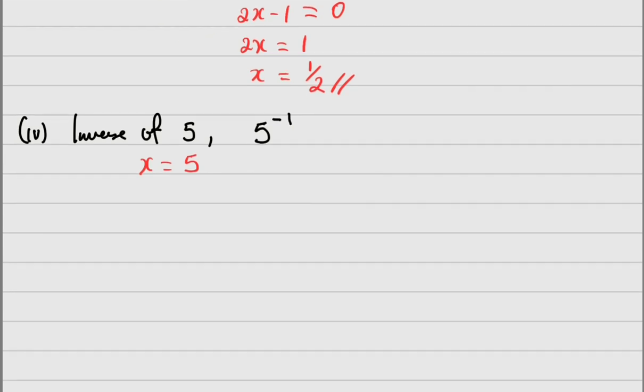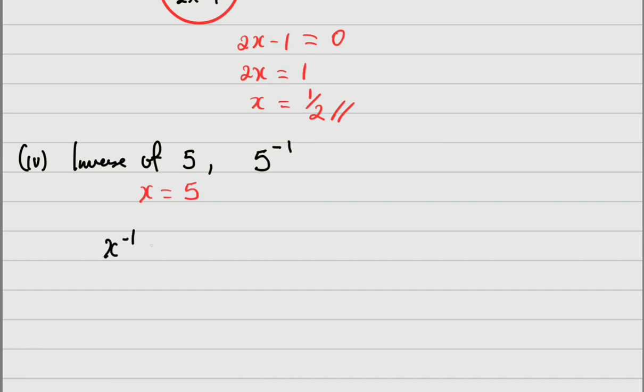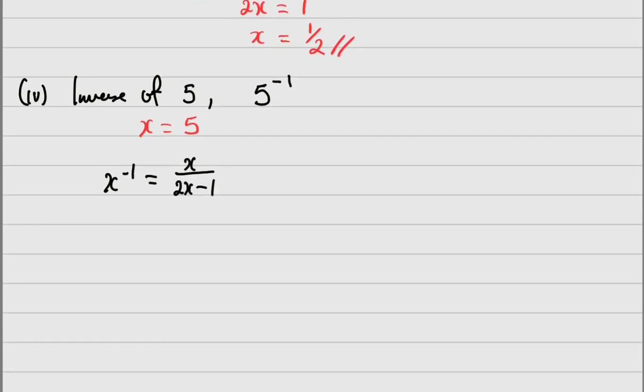So we just apply the formula for inverse, that is the inverse equals x all over 2x minus 1. So it means 5 inverse will be equal to 5 all over 2 into 5 minus 1. And the answer will be 5 over 9.